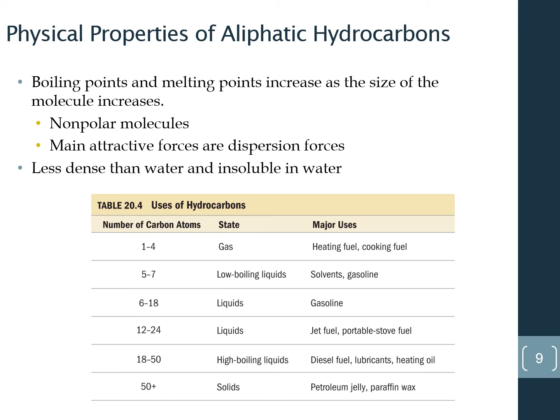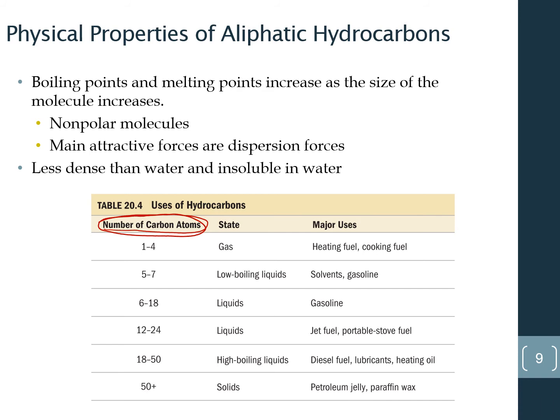You have right here this table. The first column is telling you the number of carbons. When you have hydrocarbons with a number of carbons between 1 and 4, they're usually gases at room temperature.